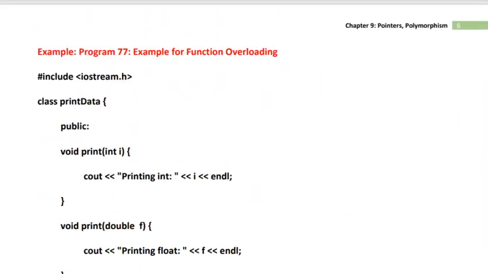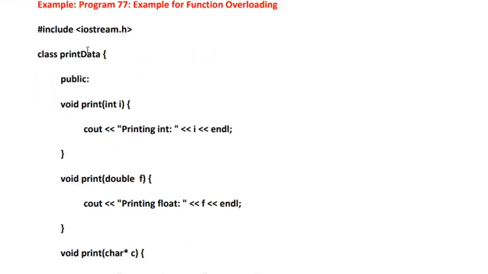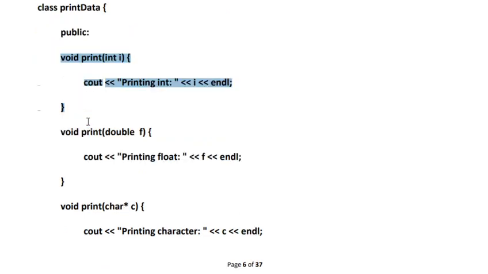Now let us try to understand function overloading with the help of an example. Here I have declared a class PrintData, where I have a member function placed in the public section, called print, and it takes in an integer value i and prints the value of the integer variable.